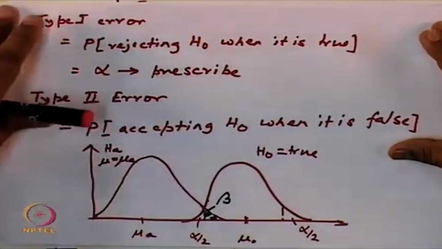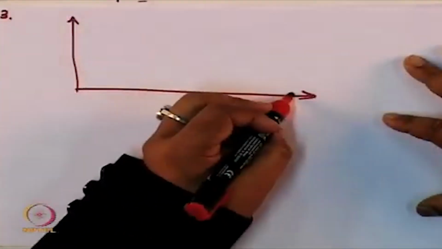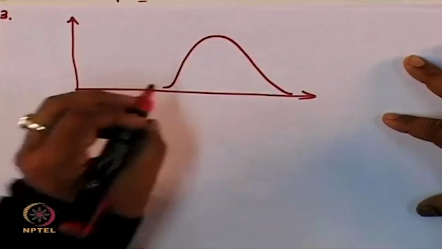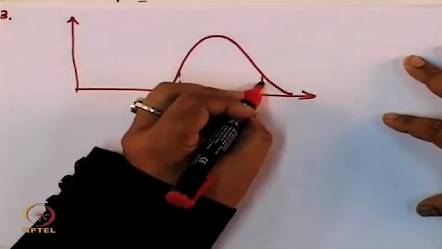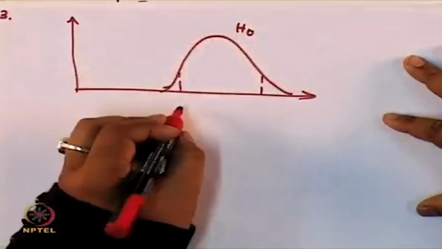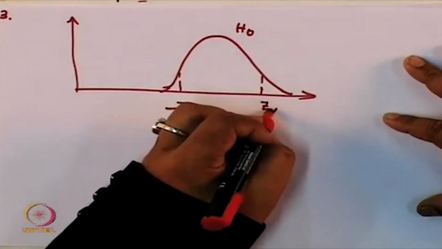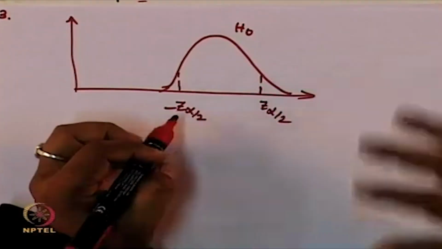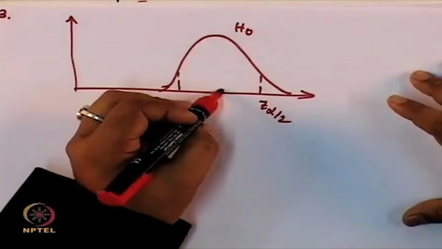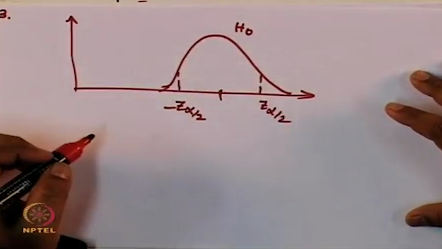So, how do you calculate it? How do you calculate beta? For your H naught, you calculate minus z of alpha by 2 and z of alpha by 2, and you know the range, the confidence interval.